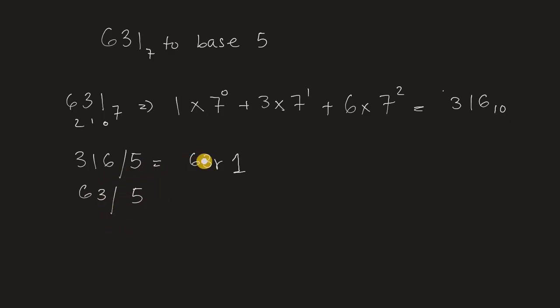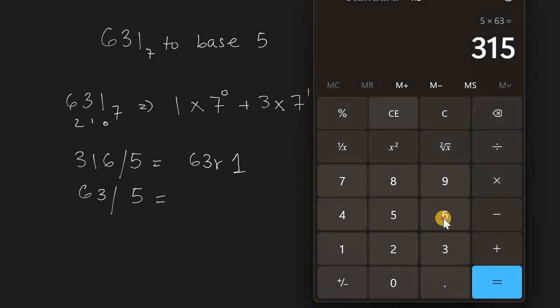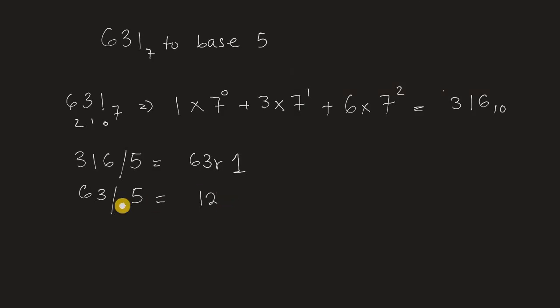We repeat this step until we get a 0 over here. As soon as we get a 0, we're going to stop. Now again, 63 divided by 5 is 12, with a remainder, since 12 times 5 is 60, so your remainder would be 3.